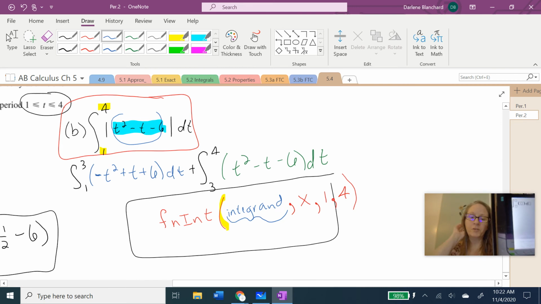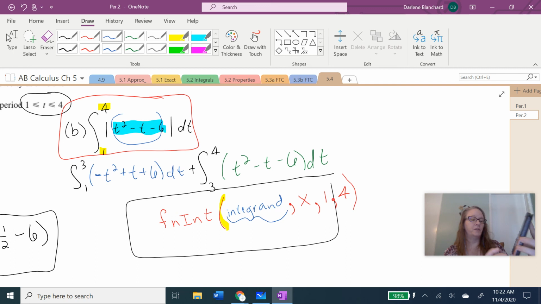And actually, what I want to do is first type in my 1 and 4 while I can, because I can easily just use arrows and get that put in. I have my cursor right where the integrand would be put, and I'm going to push the math button again, right here.